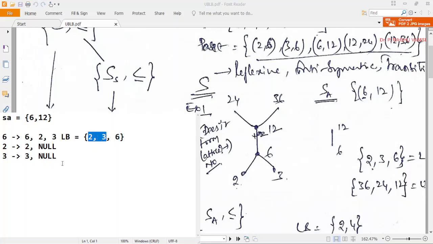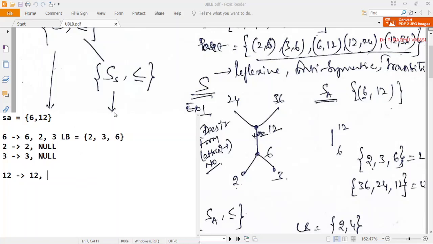The same thing applies when coming to the upper bound. So consider 12. 12 can be considered because Y is less than or equal to X. Next, what are the higher elements reachable from 12?